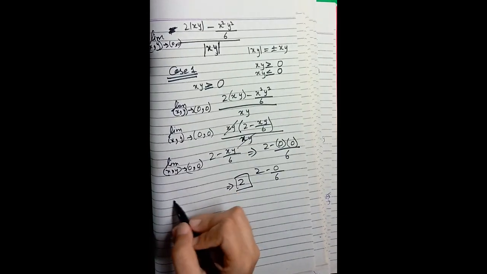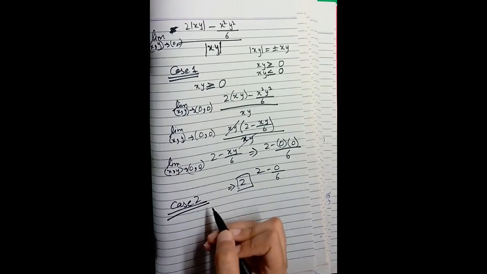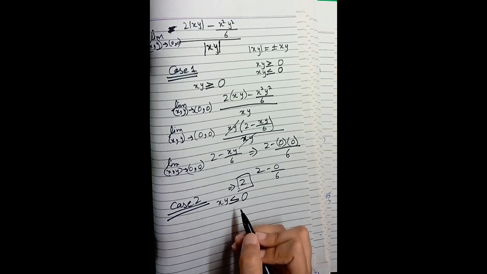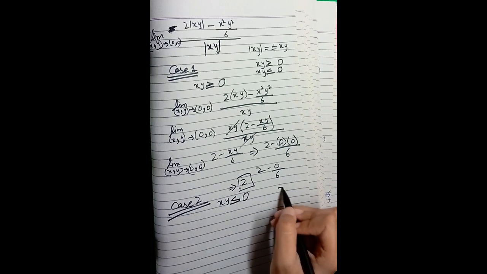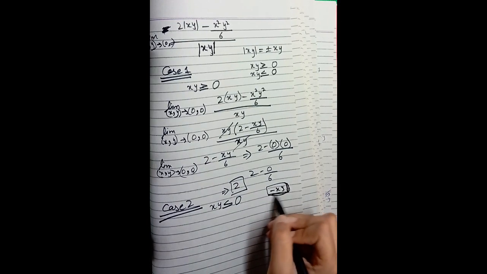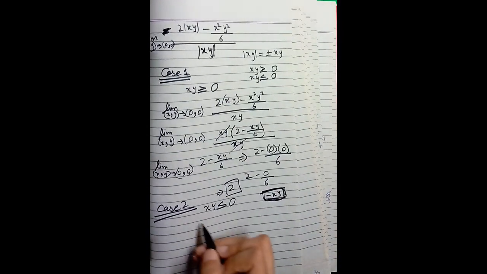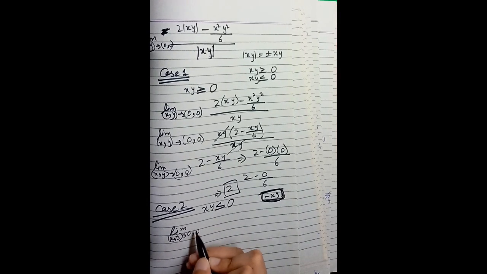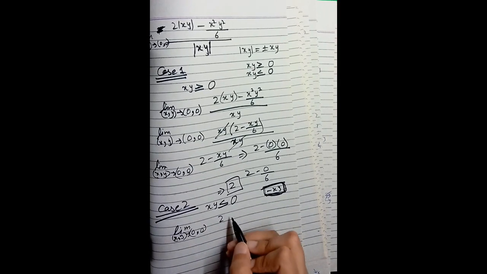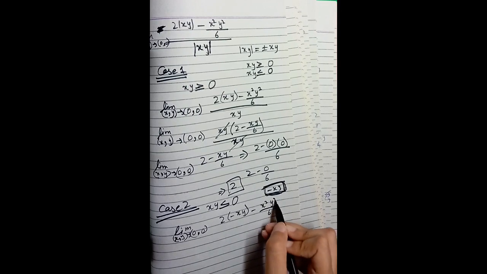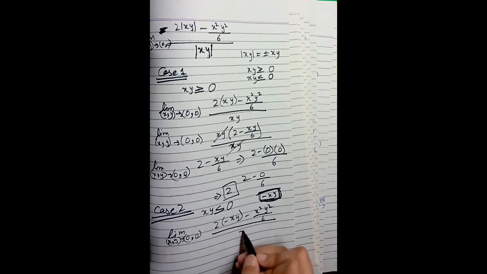Now for case 2, we will take xy less than or equal to 0. In this condition, we will put the value minus xy for absolute xy. So limit xy approaches 0 0, and we have to put the negative value, so 2 xy minus x square y square by 6 divided by minus xy.